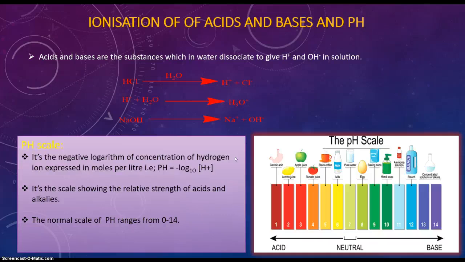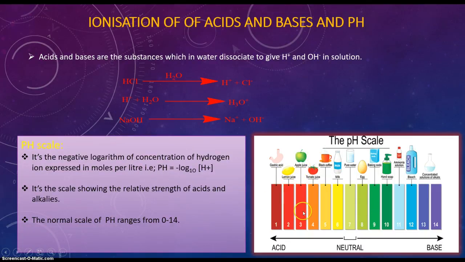Suppose in your solution there is an acid present, but you don't know how strong the acid is or how strong the base is. So the concept of pH or the value of pH would give you the idea how strong your acid is or how strong your base is, by which way?